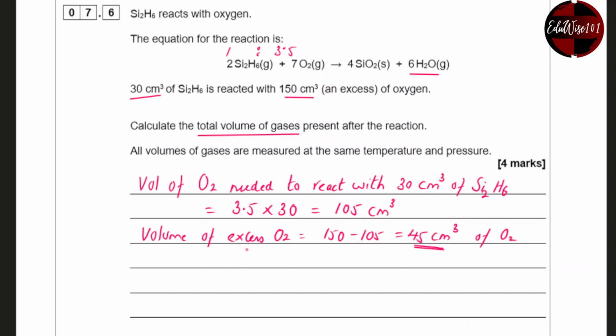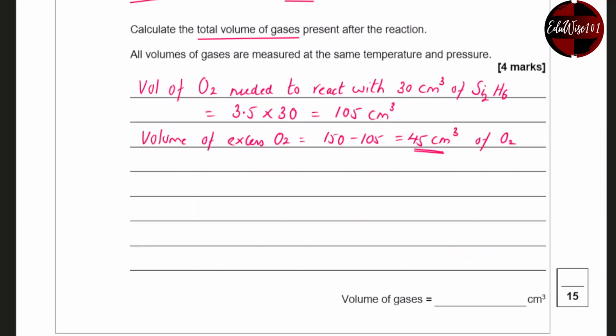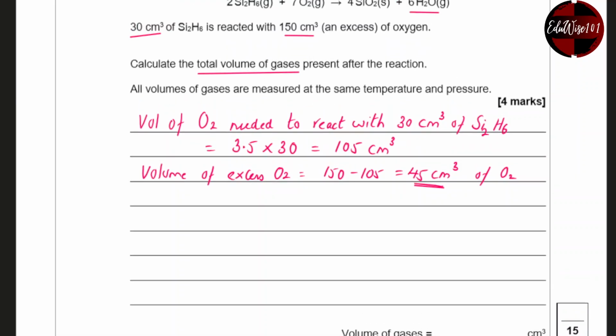So that's only part of the answer. Let me use a different color here. The volume of water vapor ratio is 2:6, so that means that's 1:3.